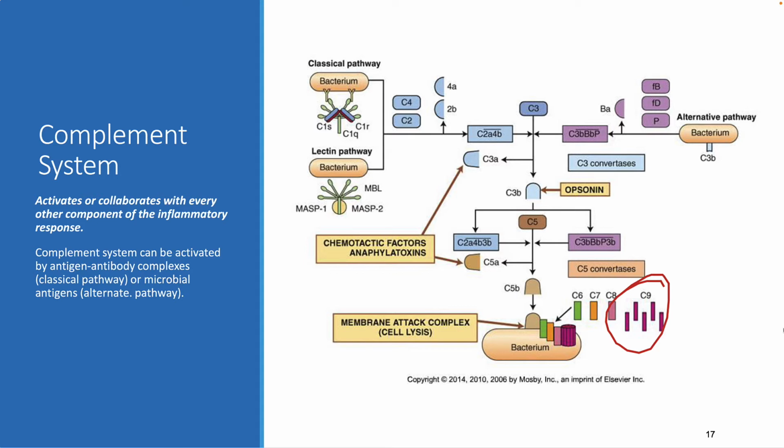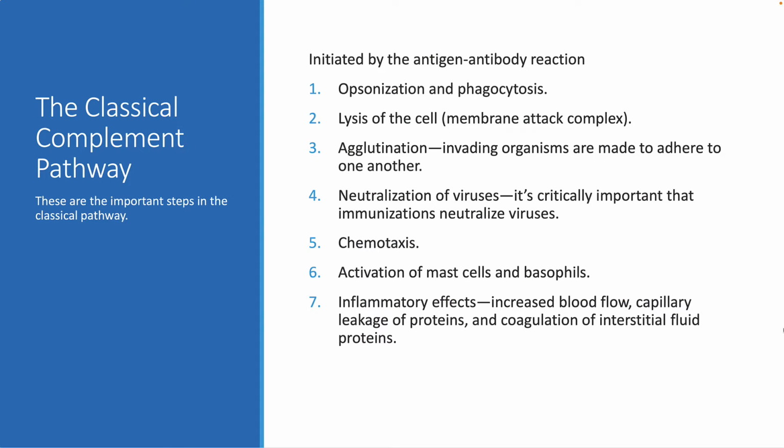So I want you to know about complement. I want you to know that complement's job is to complement the immune response, okay, and the inflammatory response. And know that it can be activated by any number of methods. It can be activated through the classical pathway, or it can be activated through microbial antigens in what we call the alternate pathway. The classical complement pathway consists of these components.